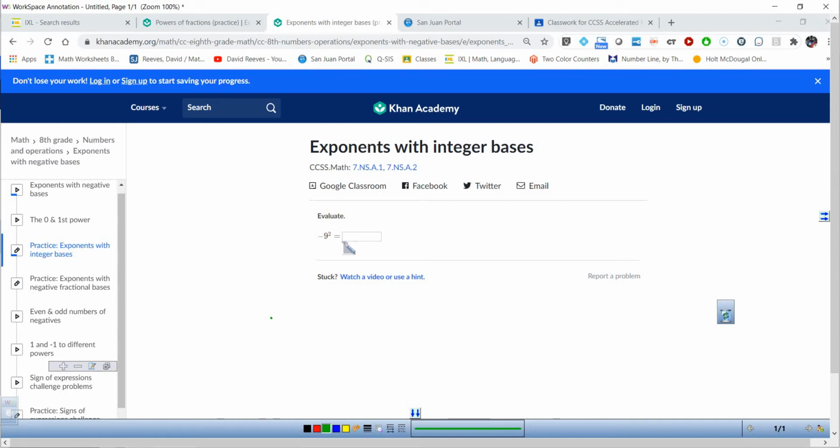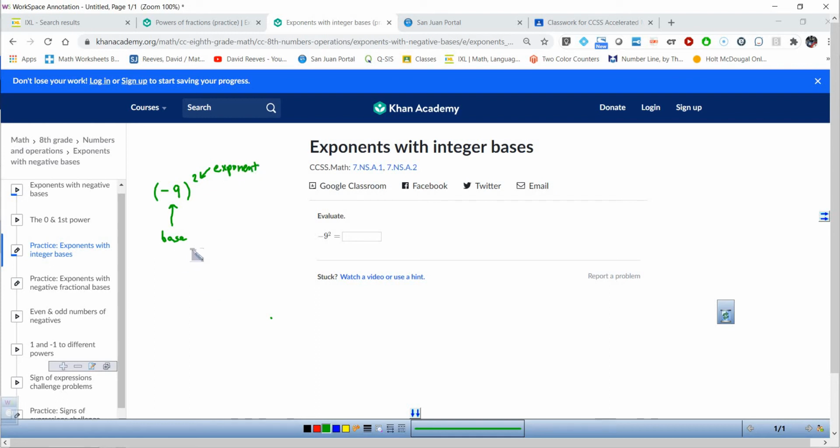So hopefully you already had a chance to watch Mr. Khan's previous video on exponents with integer bases, where he did a lot of problems like this. So this problem right here, what's inside the parentheses is called the base, and what is out here is called the exponent.